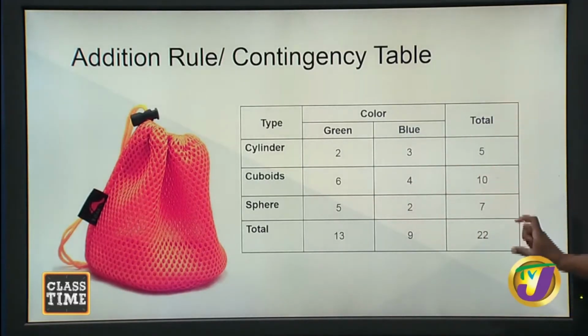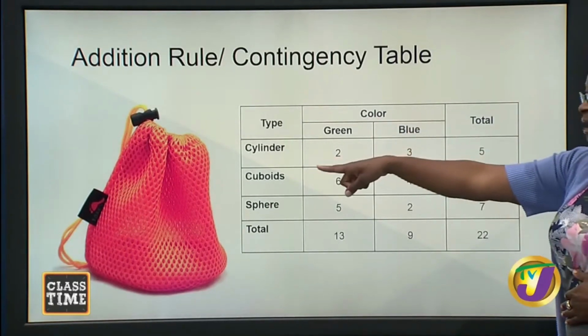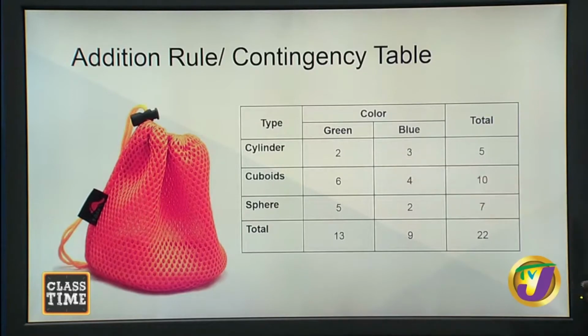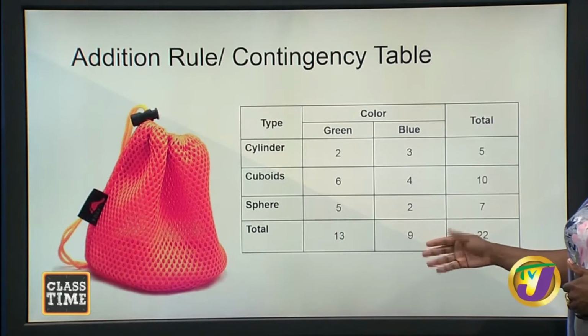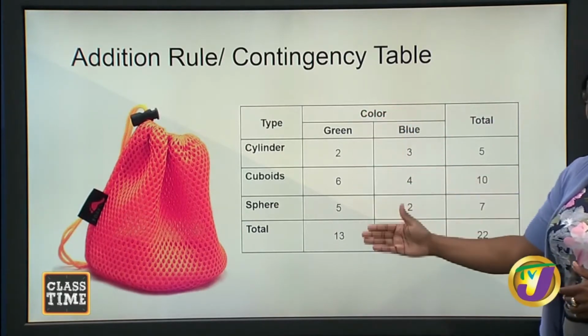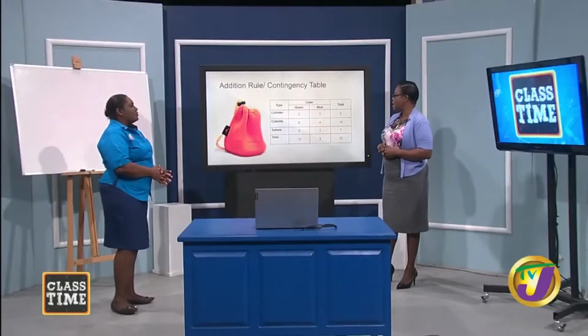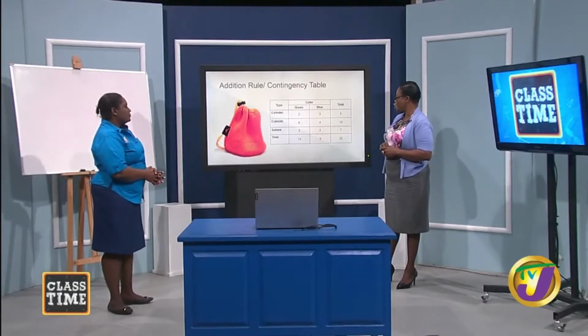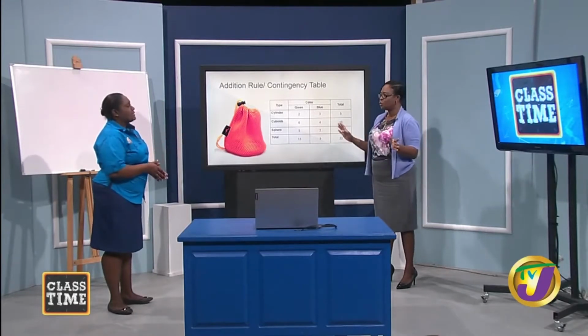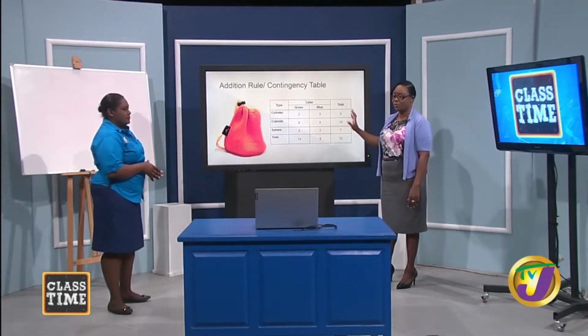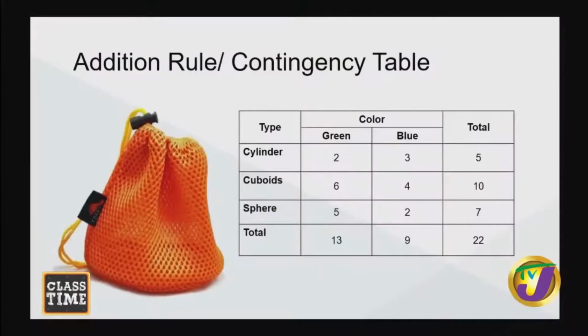We had a total of 22 solids placed in the bag. We know that there are a total of 9 blue solids and a total of 13 green solids. And if we want to identify individual solids per color, we could go inside the table. So that is just a quick review of the information that we have on this contingency table.